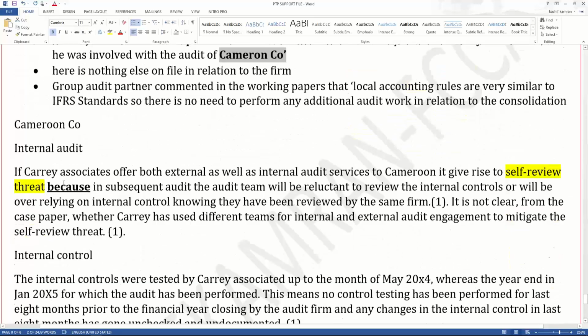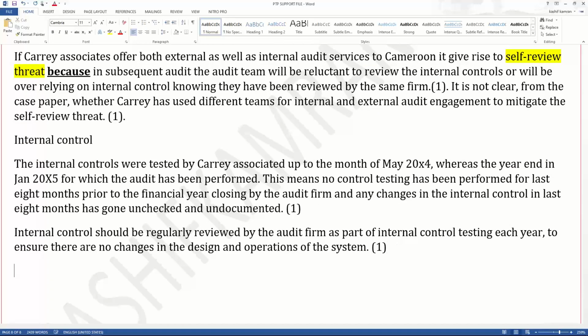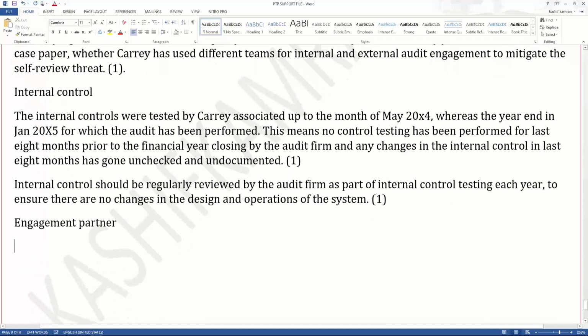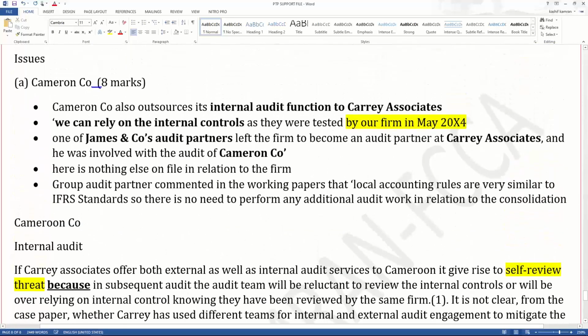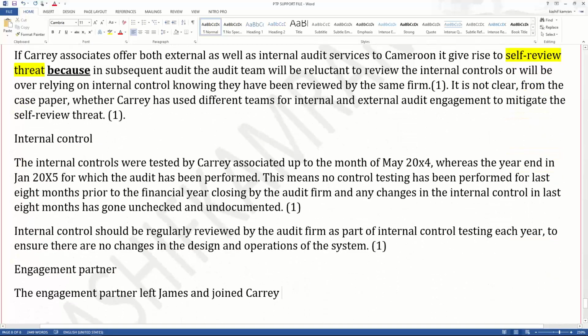Now we know that gives rise to a self-review threat. So let's write engagement partner as a point, and under the point of engagement partner, we explain to the examiner the engagement partner left James and joined Kerry, and has been involved with the audit of Cameroon, has joined Kerry, giving rise to a familiarity threat.